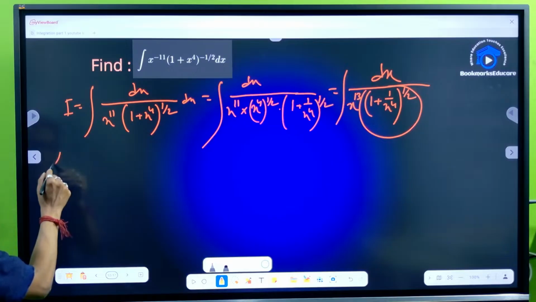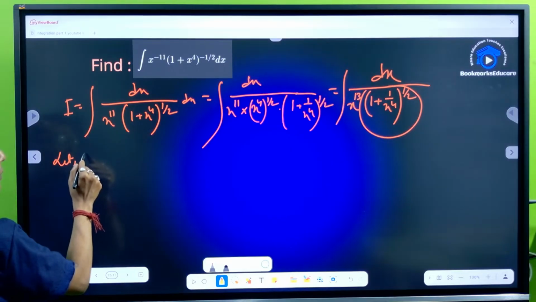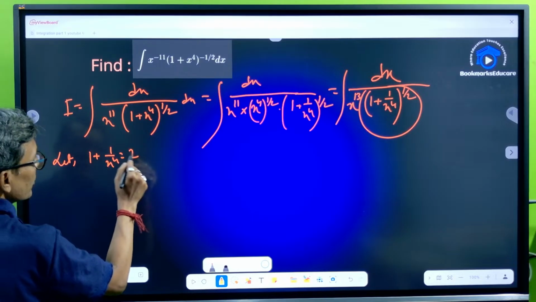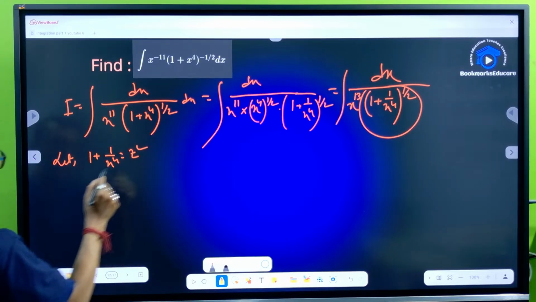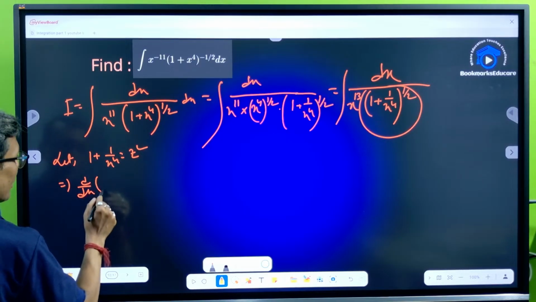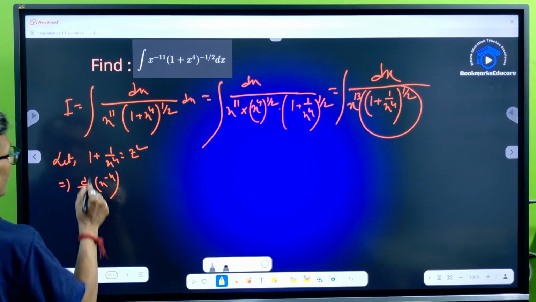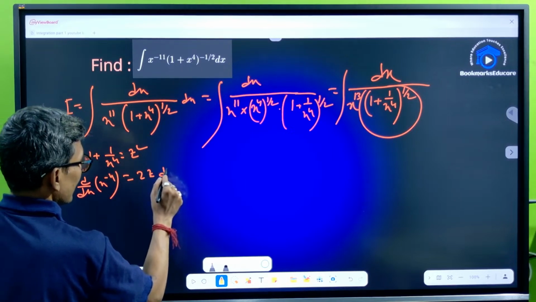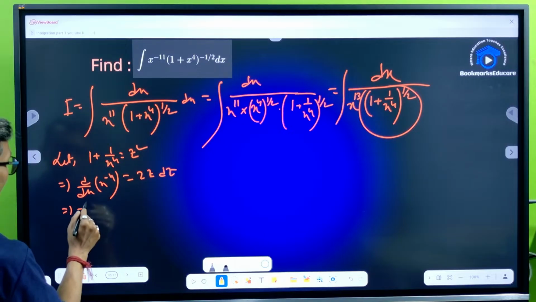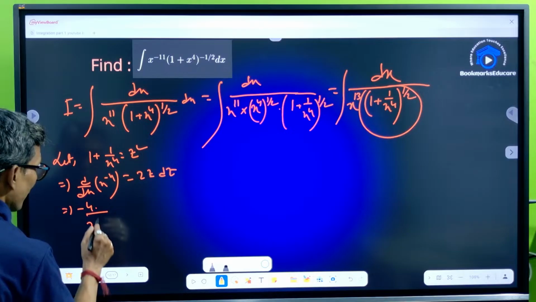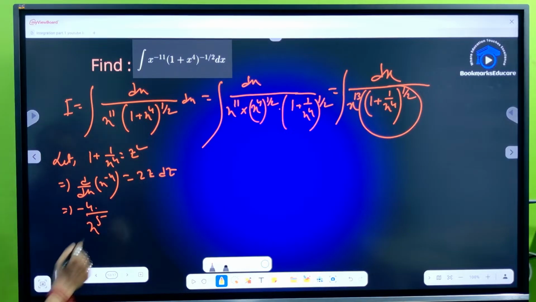So let 1 plus 1 by x to the power 4 be equal to z square. Differentiating, d/dx of x to the power minus 4, the 1 is 0, 2z dz, so minus 4 by x to the power 5.